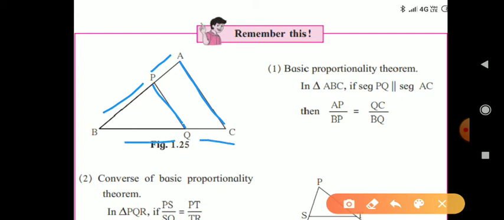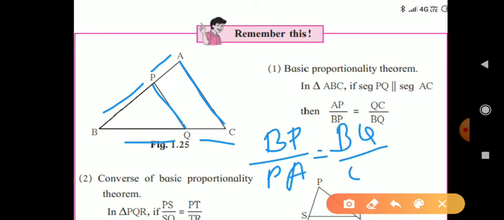We can also write this as BP upon PA is equal to BQ upon QC. We can write it in this manner also. So this is the basic proportionality theorem.